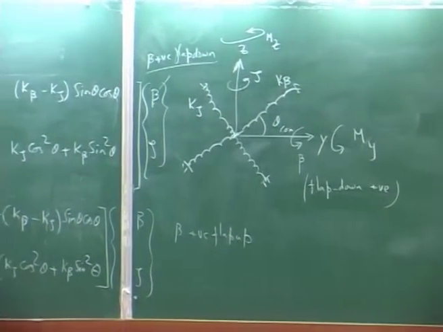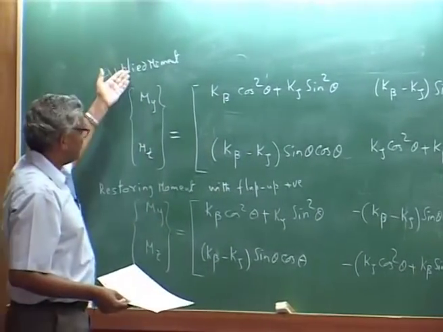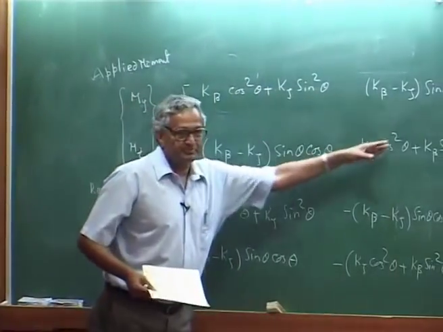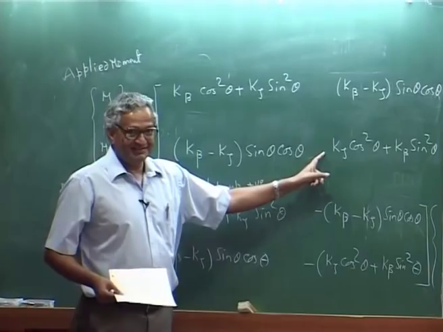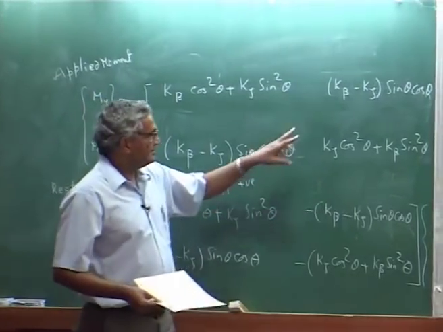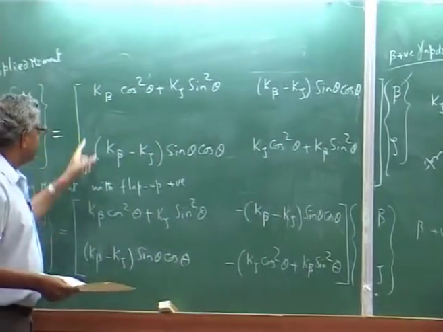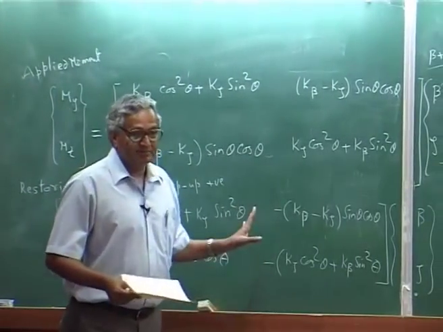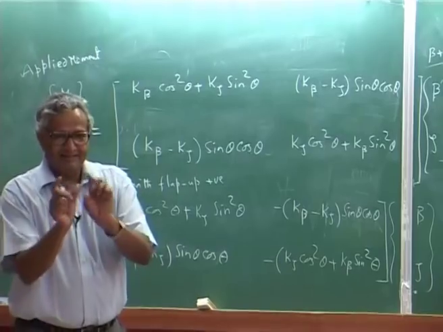This is external moment, this is the restoring moment. Basically what you do is if you want applied moment to spring moment you put a minus sign, everything minus minus minus minus, and then wherever beta is there that sign will change. So this minus minus minus will become plus plus, but these two will stay as minus. That is all. This is just the sign convention.